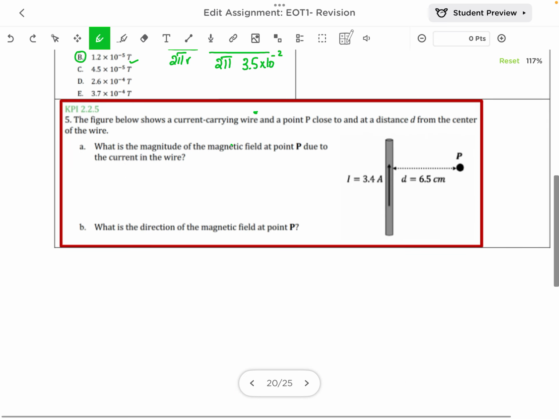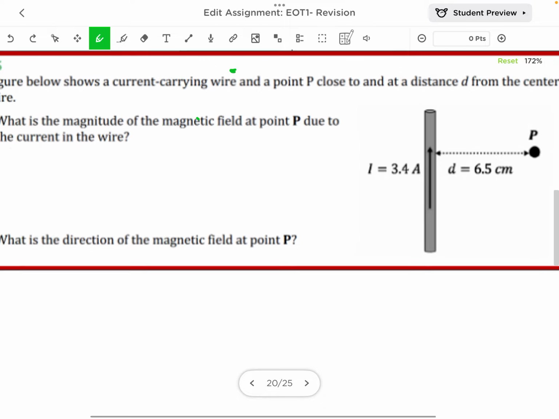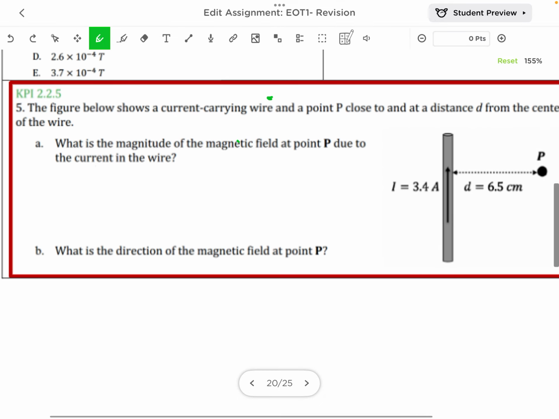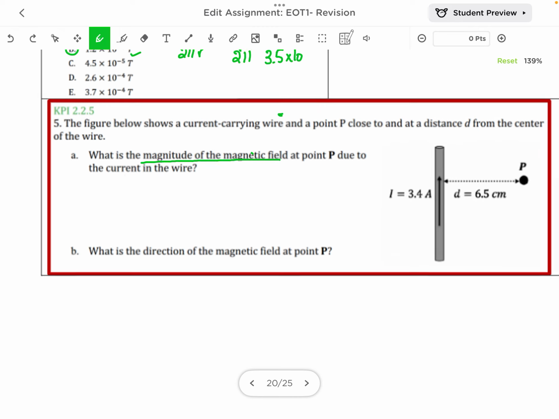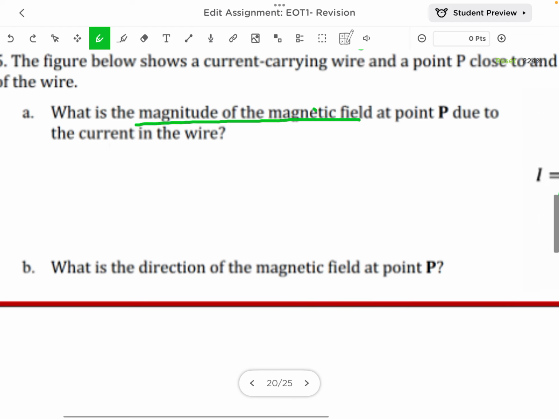Question 5, very similar to the previous question. What's the magnitude of the magnetic field at point P, given the current and the distance? Not to forget that here also the centimeters need to be converted. So B equals mu 0 I over 2 pi r.